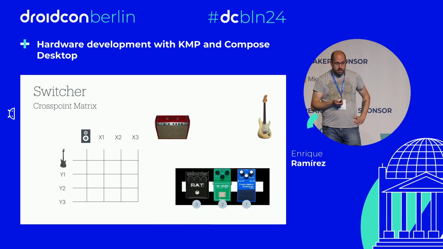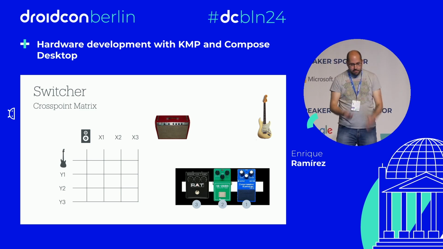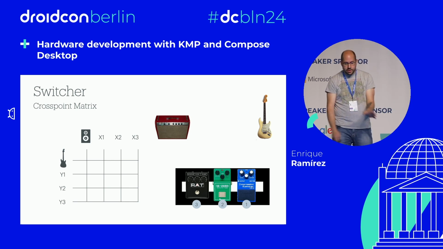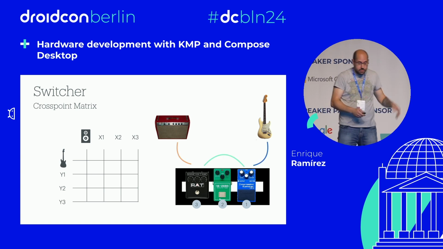So just explaining a bit what a switcher is. Just a very basic example here, a pedal board with 3 pedals, the simplest one, and this is a switcher that is a 4x4. It just creates paths of where the sound goes, right?